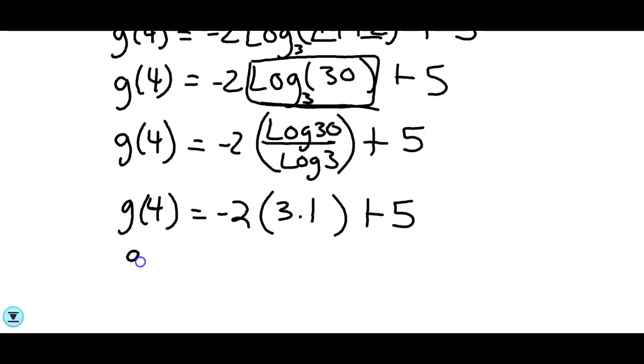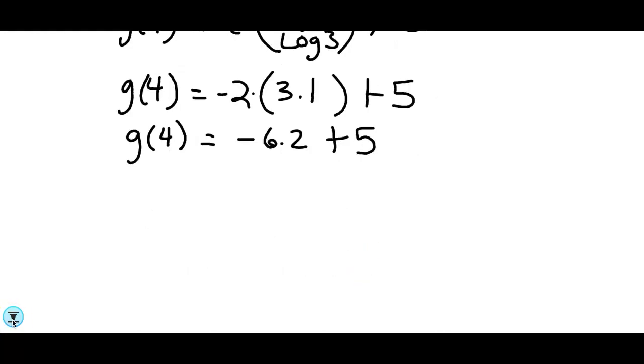From there, we follow the basic math, order of operations. You do multiplication first, so negative 2 times 3.1 is negative 6.2. Then I'll use my calculator to add negative 6.2 and 5 together. You could actually just do the multiplication and addition right on your calculator. I'm ending up with negative 1.2.